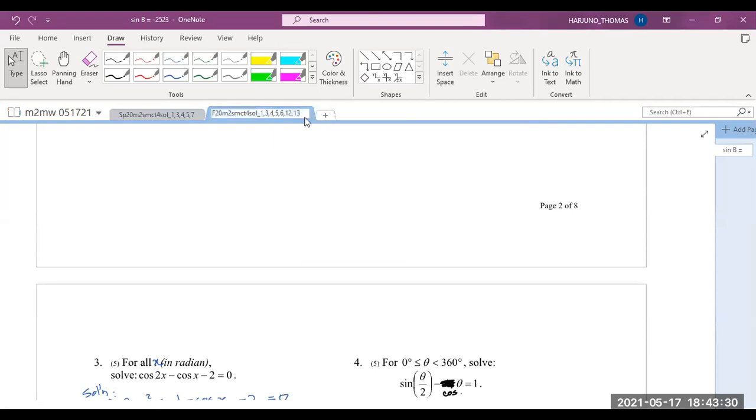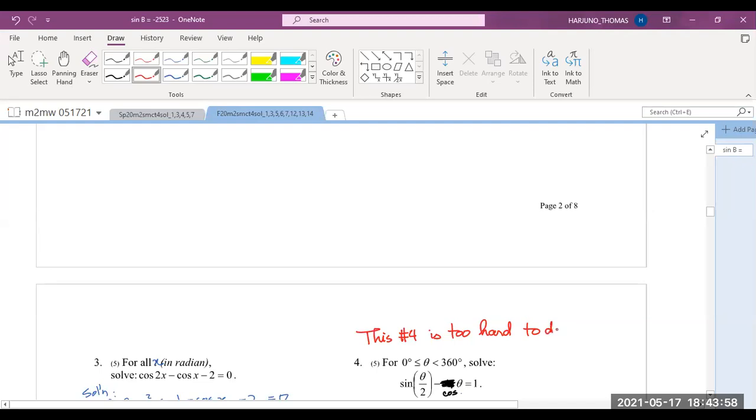Instead of saying that I did number 4, I did number 7 and number 14. Let me put a note here: this number 4 is too hard to do due to the typo. So I cancel that question.